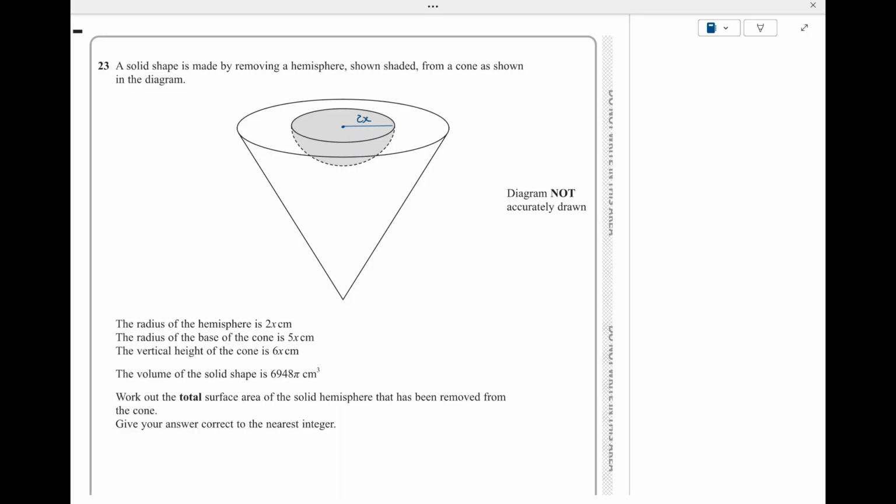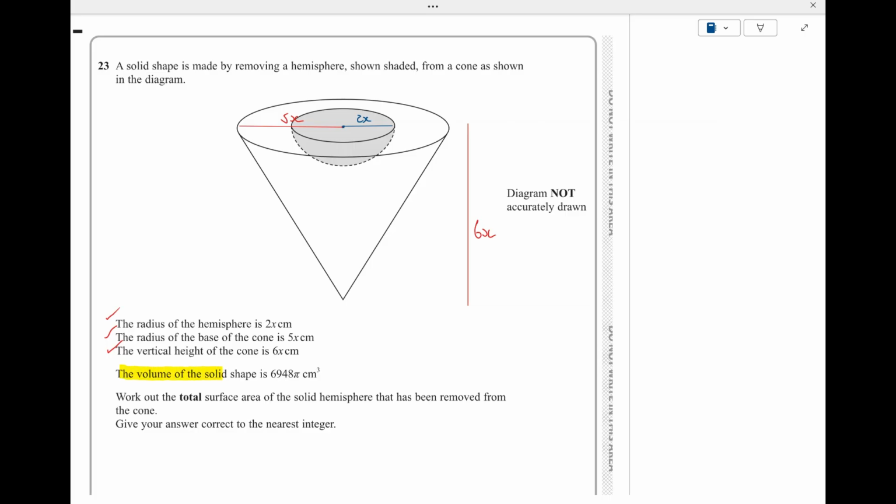The radius of the base of the cone, so that's going to be from here to there, is 5x. Okay. The vertical height of the cone is 6x. So this length here is 6x.